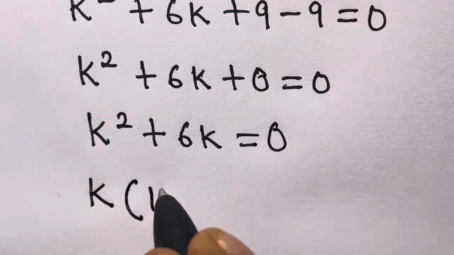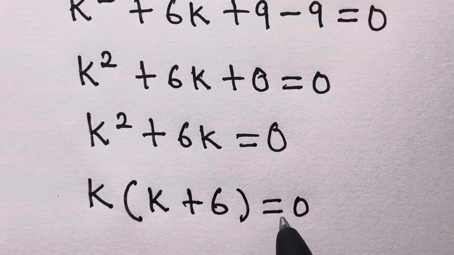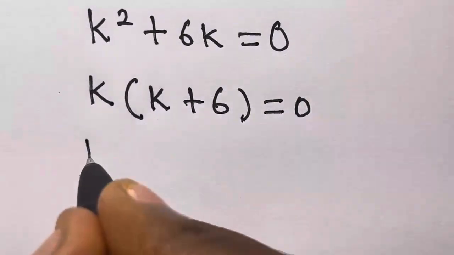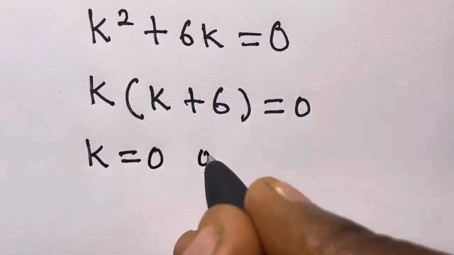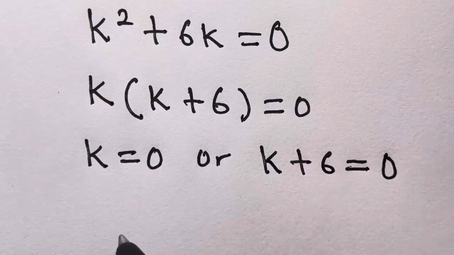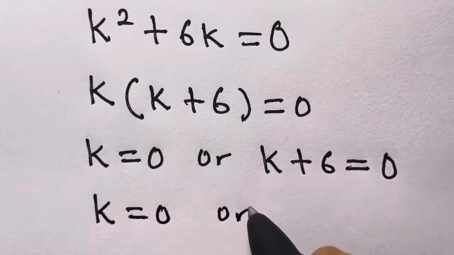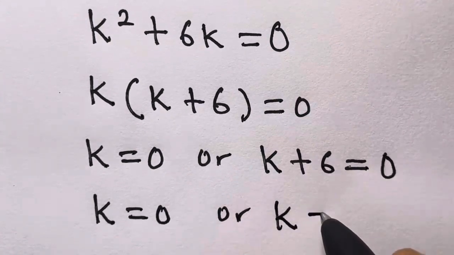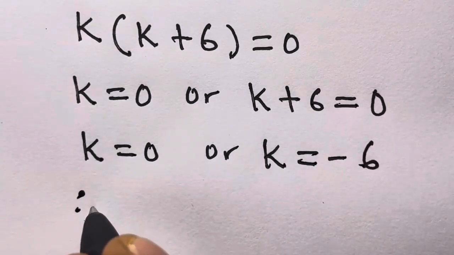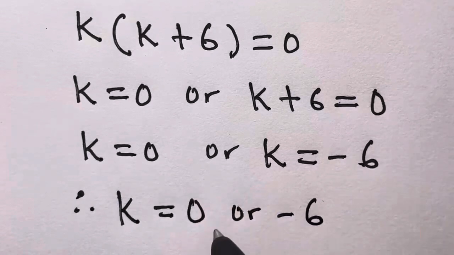We have k(k + 6) equals 0. What this means is we have k equals 0 or k + 6 equals 0. So k equals 0, or you transfer 6 to the other side, equals minus 6. Therefore, you declare k equals 0 or minus 6.